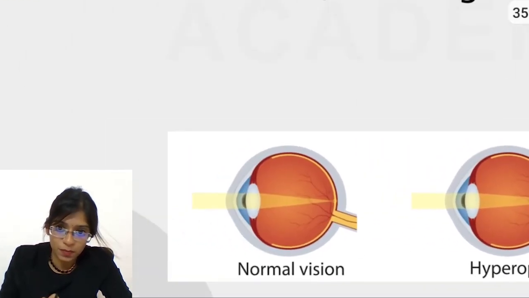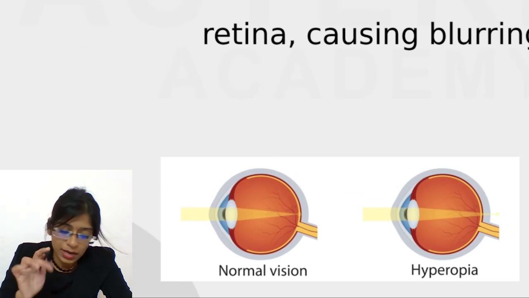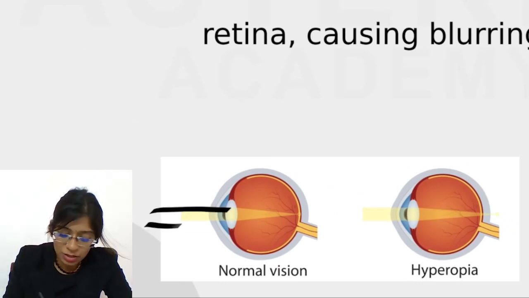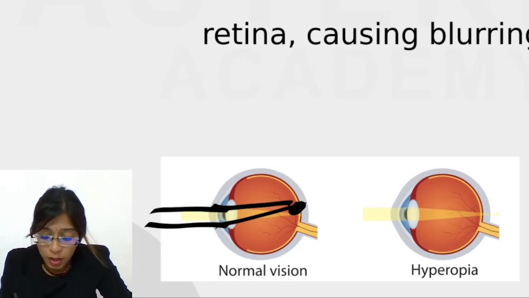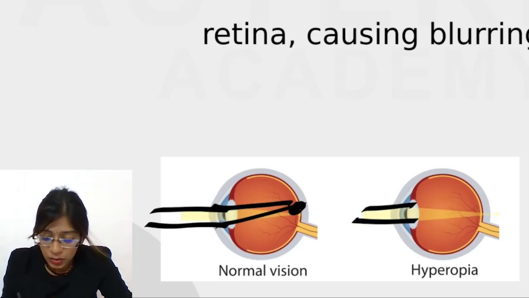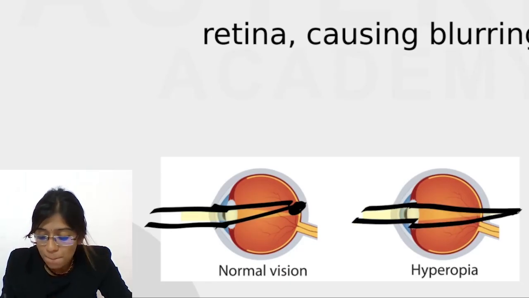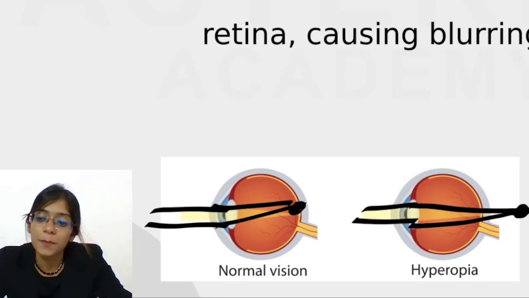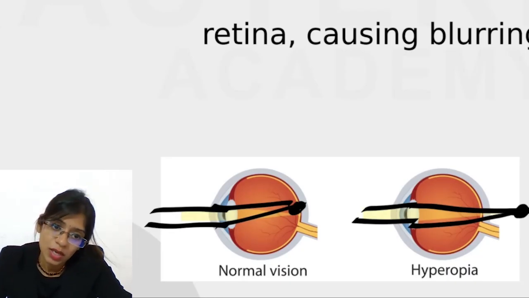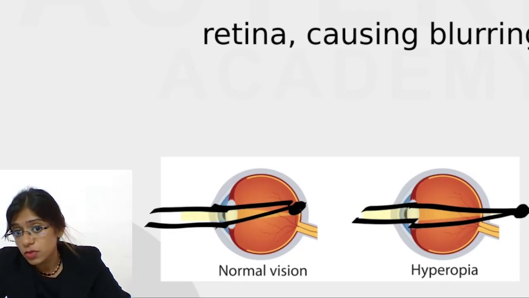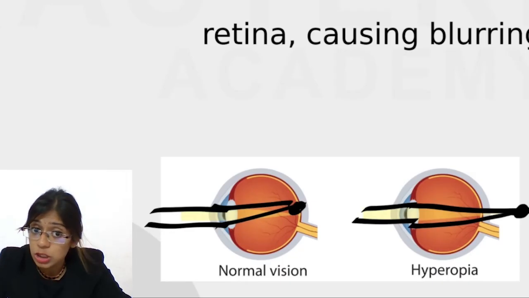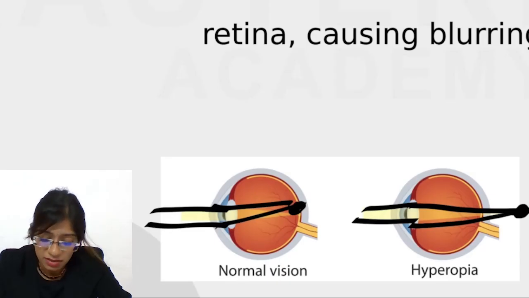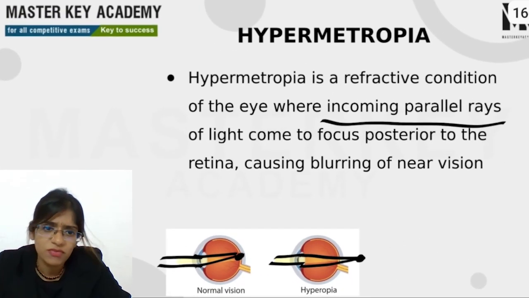Look at this picture. Normally light rays come and form an image on the retina, but in a patient with hypermetropia, light rays enter the eye and form an image behind the retina. Whether the image forms in front of the retina or behind the retina, you are going to get a blurred vision. So in hypermetropia, the image is formed behind the retina, and this leads to blurring of vision.